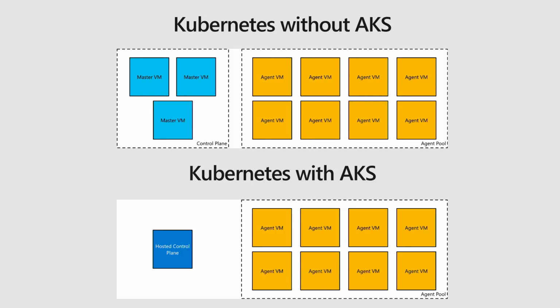Now, when it comes to AKS, Microsoft does the control plane for you. You define the number of nodes that you want to deploy, you define the authentication mechanism, stuff like that, and that's it. So the control plane is hosted. What you worry about is scaling the agent VMs, the agent workloads, and the actual application that is going to run within this cluster.